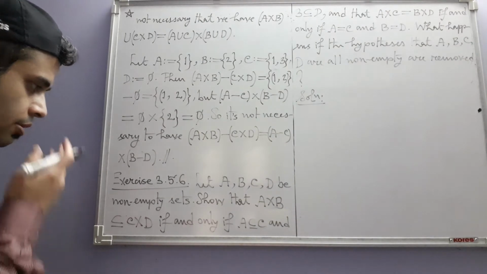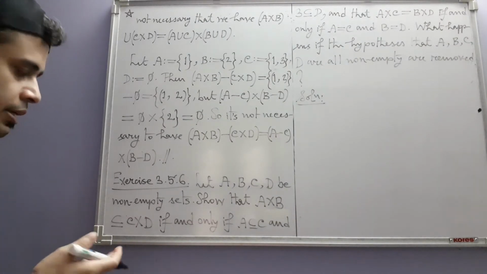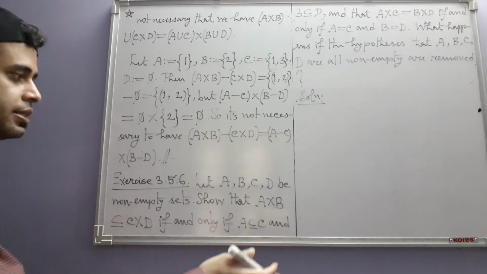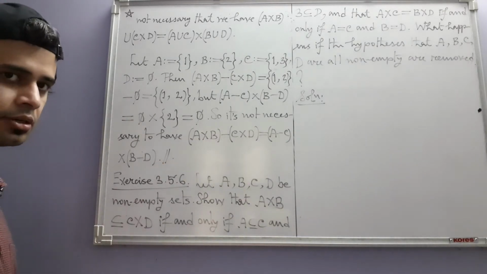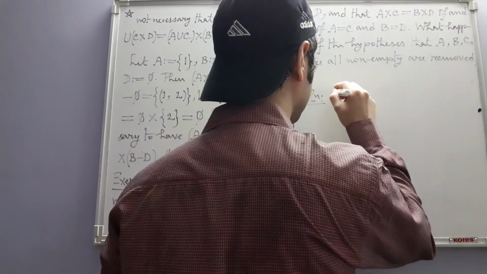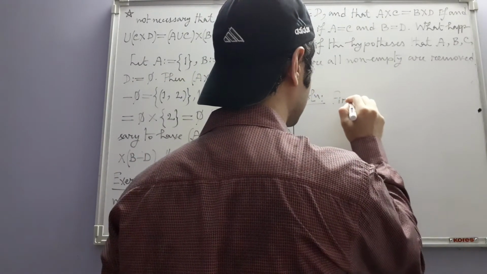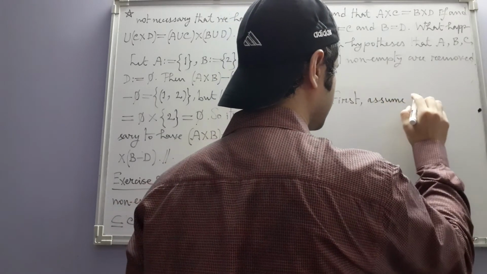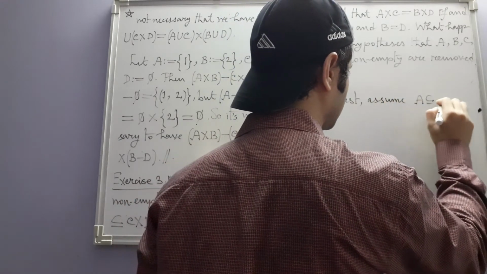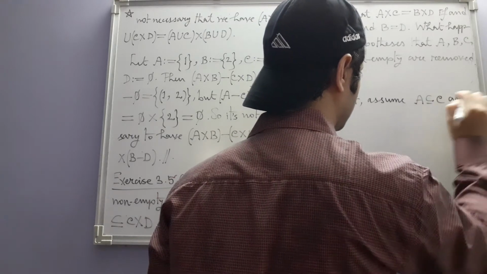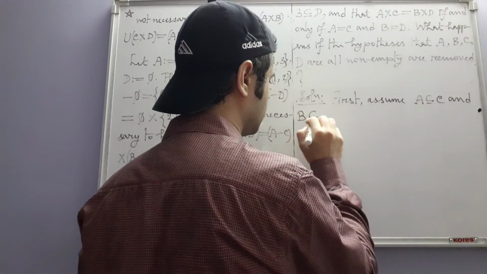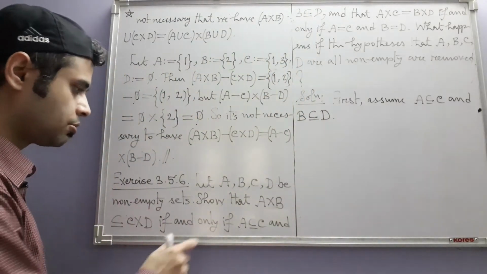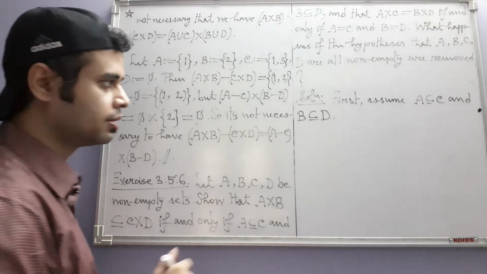So let us first assume the easy one, namely if A is a subset of C and B is a subset of D, then A cross B is a subset of C cross D. So first assume this and this. We have to now show that A cross B is a subset of C cross D.